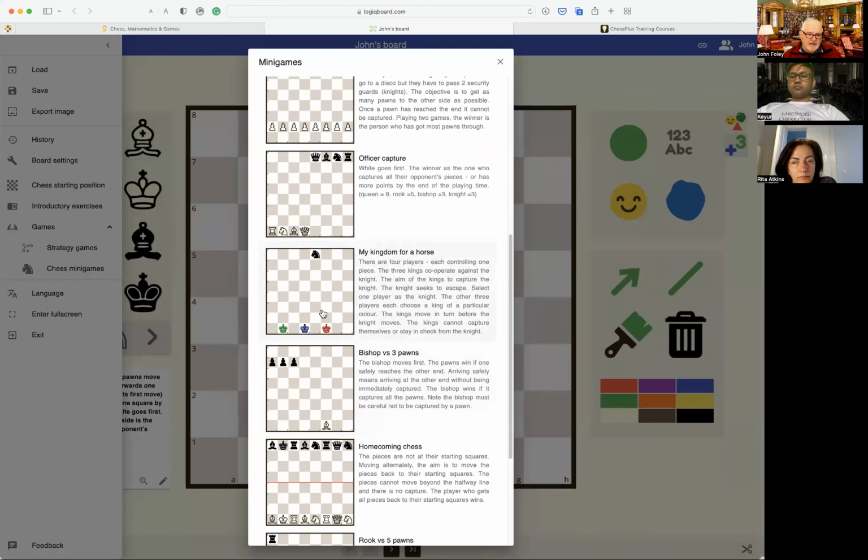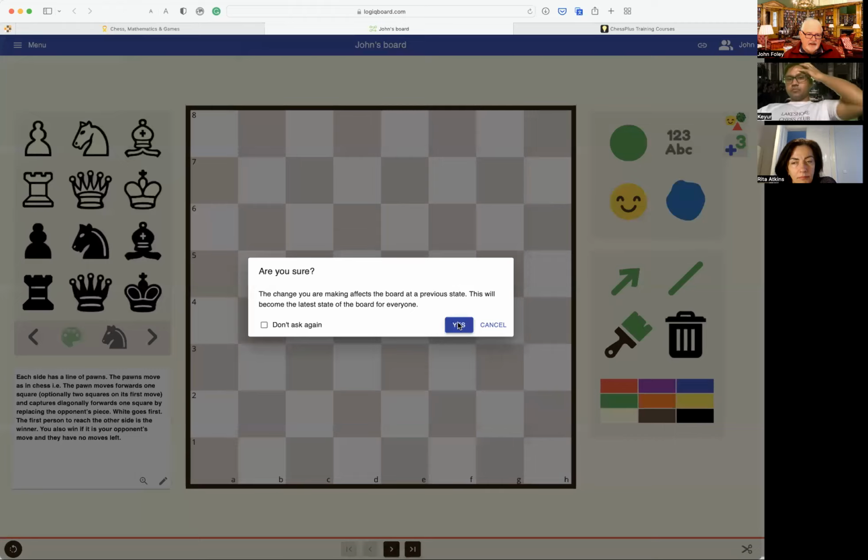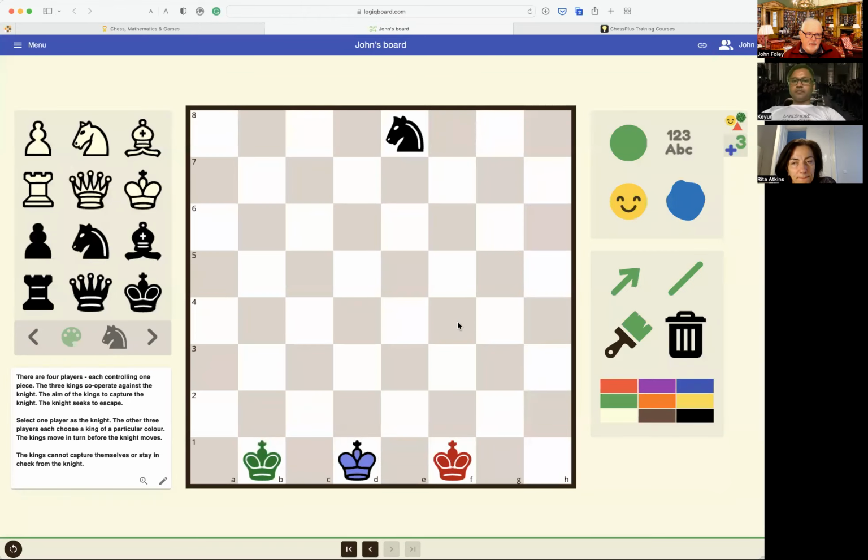Now, actually, this one would be interesting. Here we have a four-player game, where each player is controlling a different piece. And the aim of the game is to capture the knight. So I think this one lends itself quite well to multiplayer.